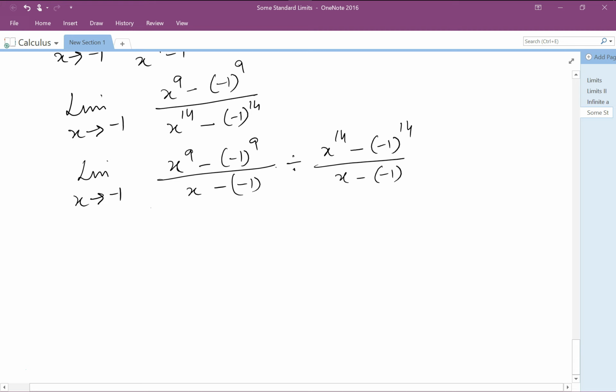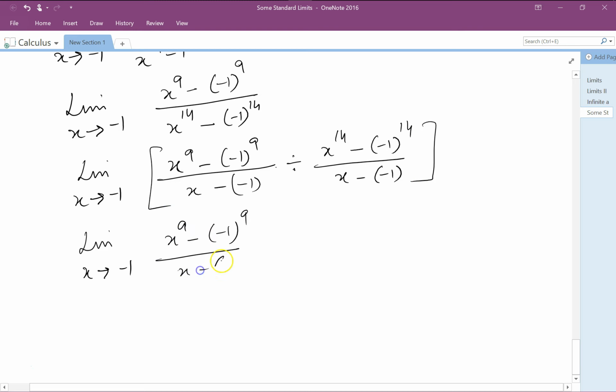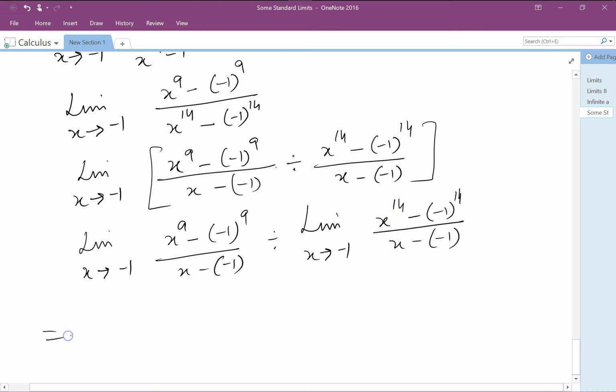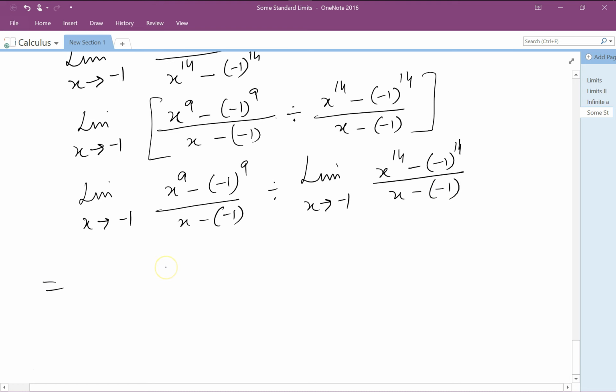The overall still remains the same. And these two limits can be taken out separately. So limit of x to the power of 9 minus 1 to the power of 9 by x minus 1 divided by limit as x approaches minus 1, x to the power of 14 minus 1 to the power of 14 by x minus 1. Now we take the limit. Both the patterns are satisfying. The standard limit, a standard limit.